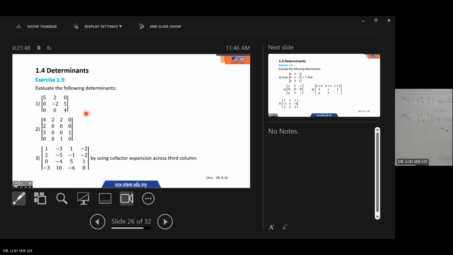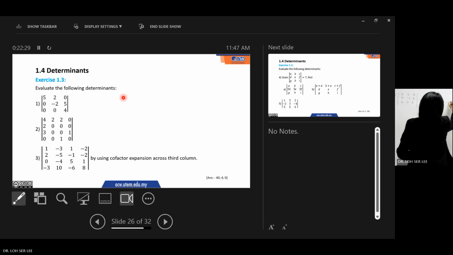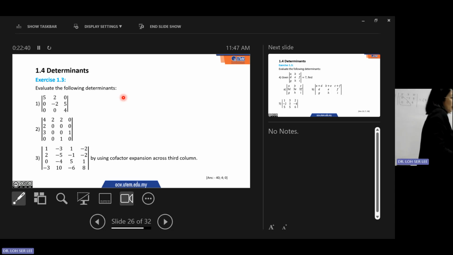Then you get the determinant. Okay, triangular matrix.